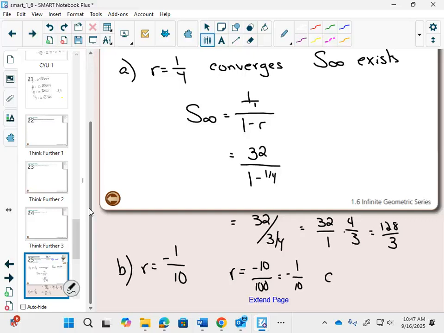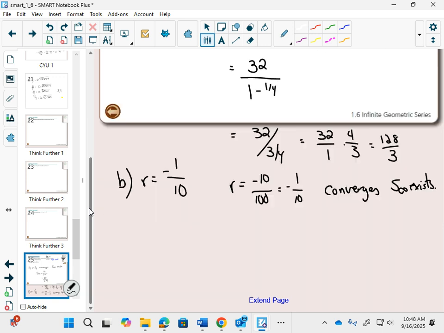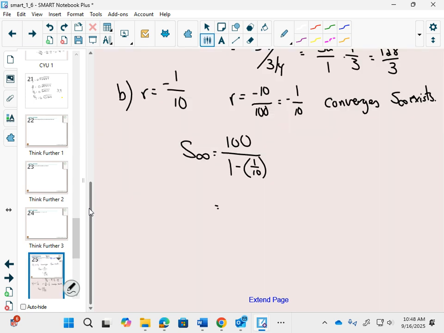This one also is between negative 1 and 1. So it converges and the sum exists, so we can find it. Sum to infinity. Term 1 was 100 over 1 minus negative 1/10. So 1 minus negative 1/10 is like 10 over 10 plus 1 over 10, which is 11 over 10.